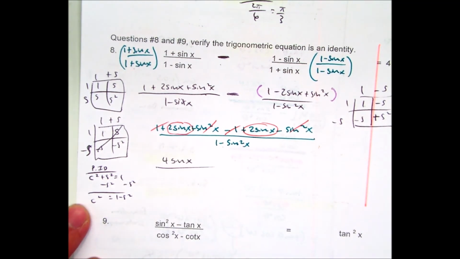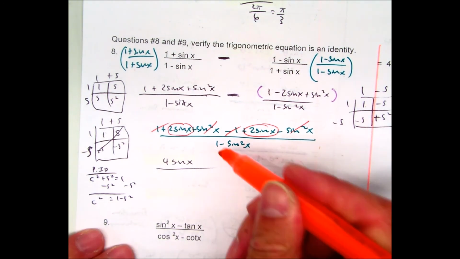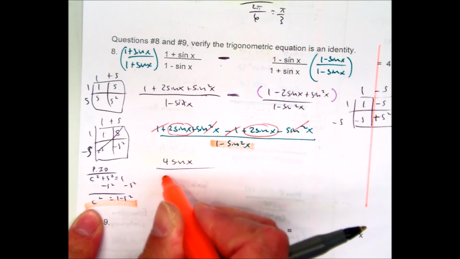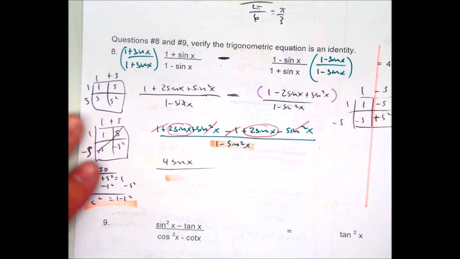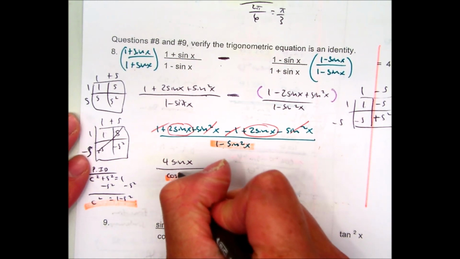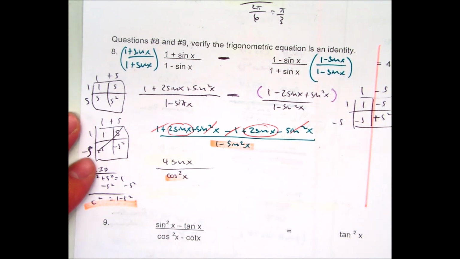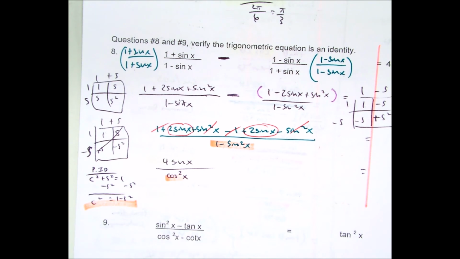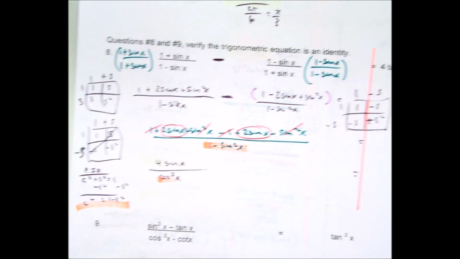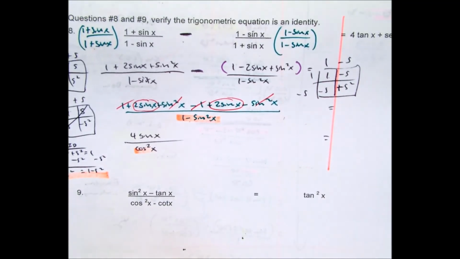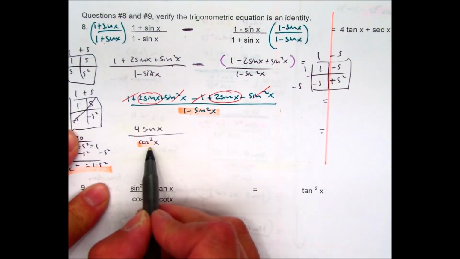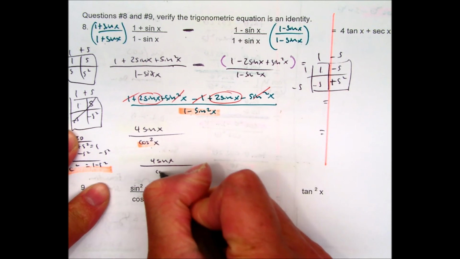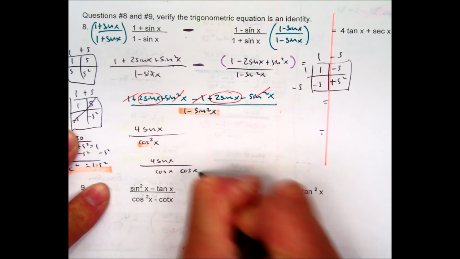So my substitution: every time I see 1 minus sine squared, I'm going to write what? Cosine squared x. All right, we're almost there, right? Notice how it says 4 tangent x? So I'm going to change this into cosine x, cosine x.